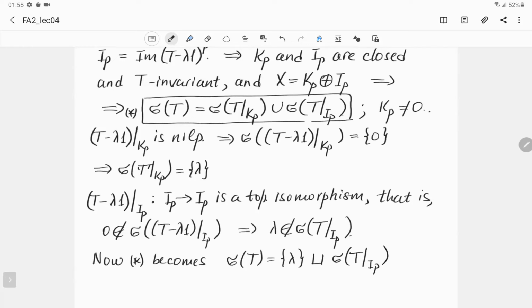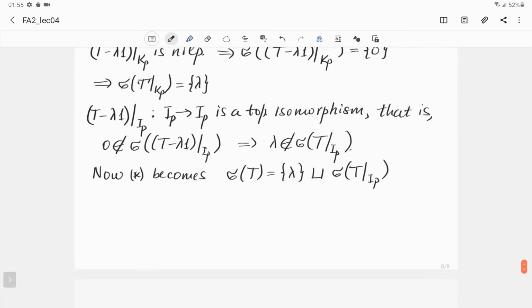The union is disjoint because lambda is not in the spectrum of T restricted to Ip. But the spectrum of each operator is a compact set, and in particular, the spectrum of T restricted to Ip is compact, and so it is closed in sigma of T.